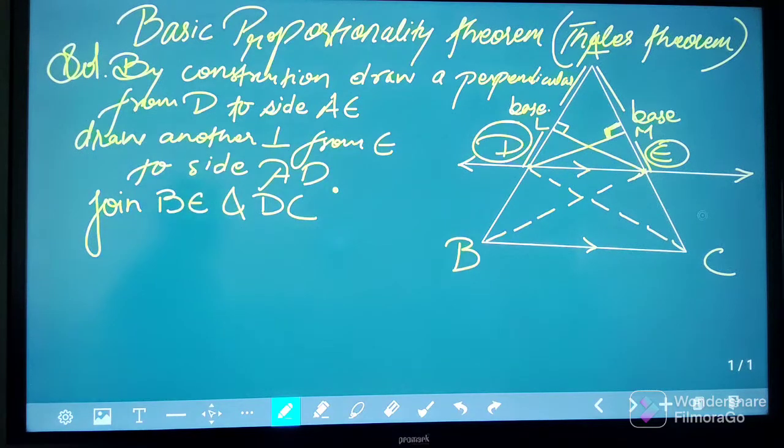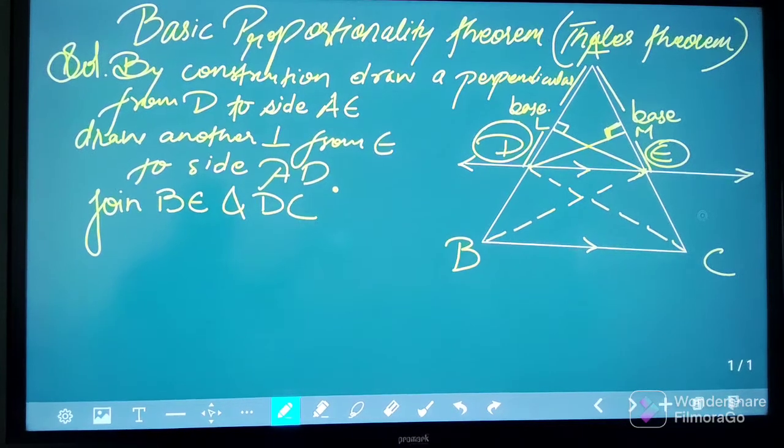These things you have to do by construction. After doing this, we will be able to reach the result of the Thales theorem, that how Thales got that result.